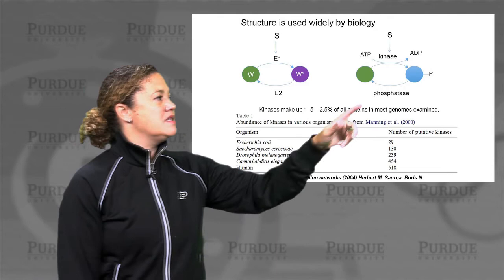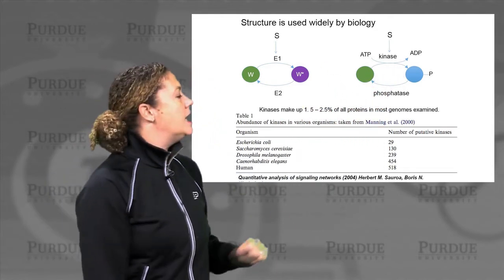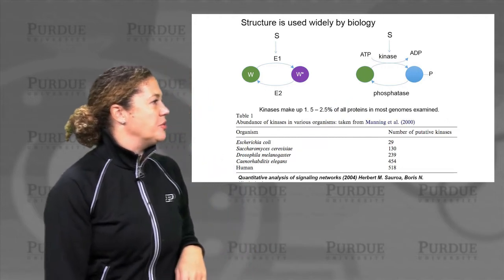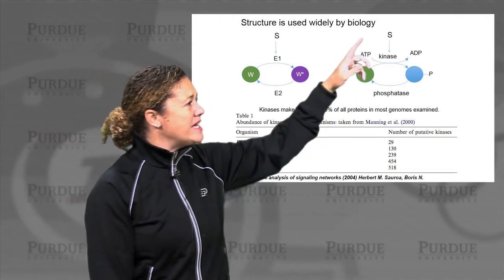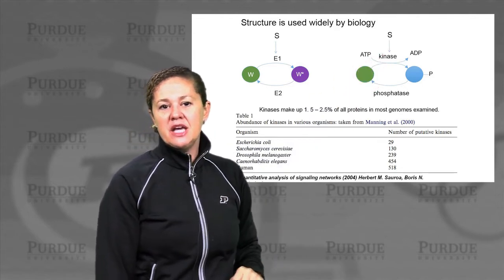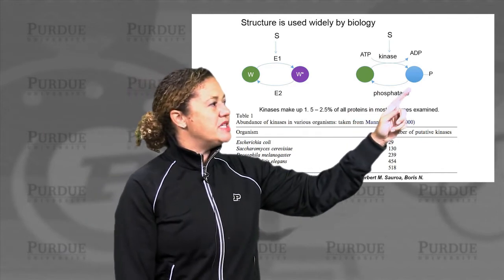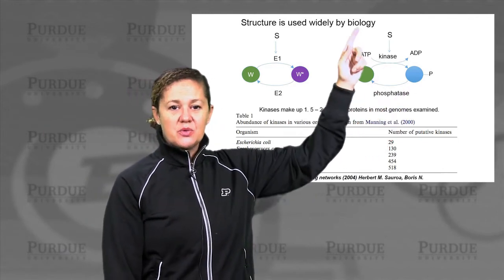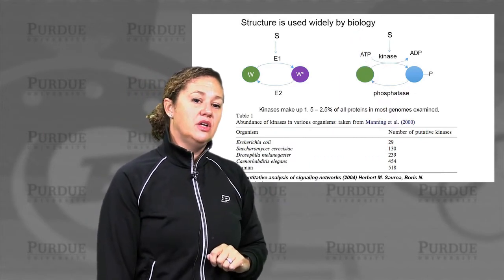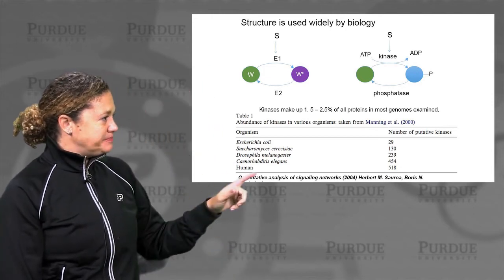Our phosphatase would be an enzyme that removes the phosphate group on our protein. In this case, our signal would activate or modulate our kinase activity. And in this way, how much of the protein is in the phosphorylated state would depend on how much signal we have around. So as I mentioned, the structure is very widely used.